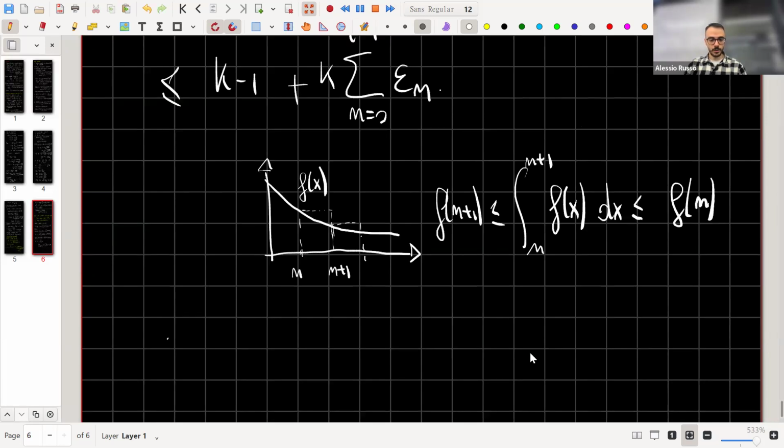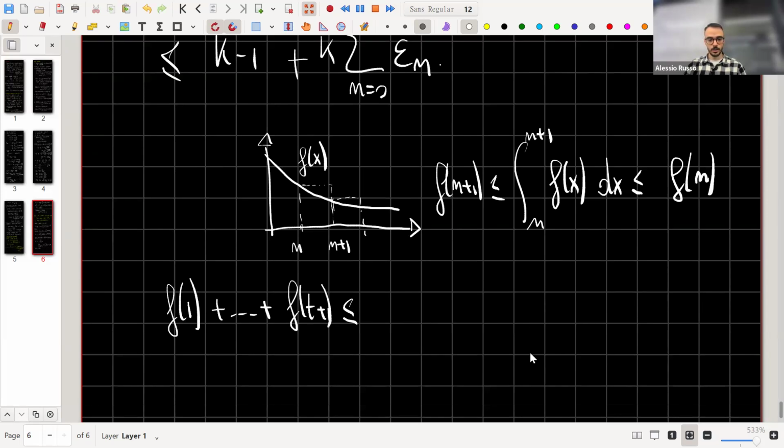So now, if we take the sum, so we do f1 plus up to f_{t+1}. f1 is upper bounded by the integral from 0 to 1. f2 is upper bounded by the integral from 1 to 2, and so on, up to the integral from t to t plus 1.